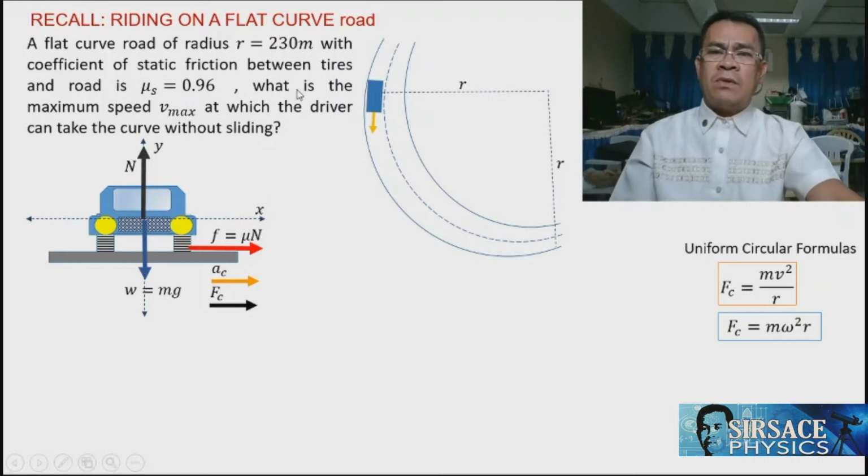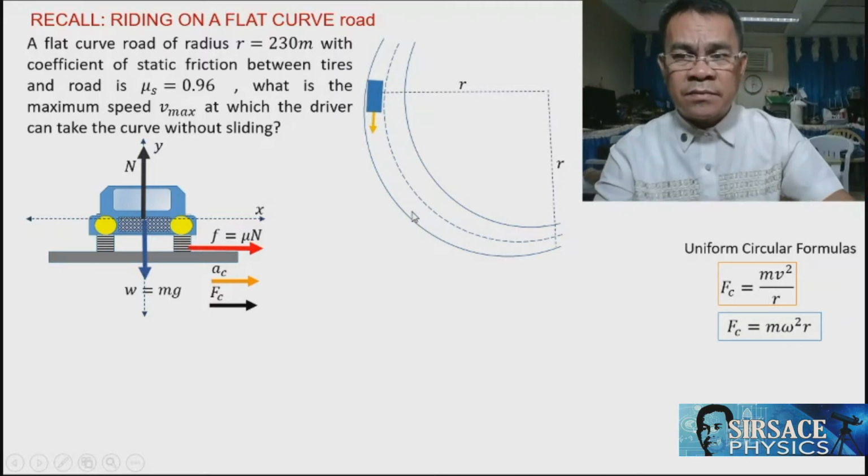The question is, what is the maximum speed at which the car can travel so that the driver can make the turn without sliding? Because too much velocity on this curve will result in danger to the riders.